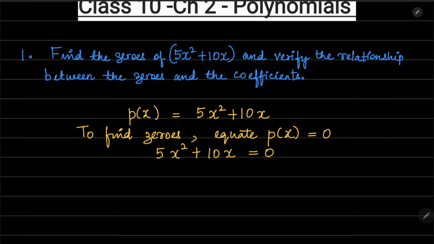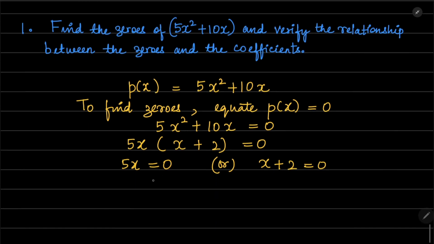There is no middle term splitting needed because you can take 5x common out. So 5x into x plus 2 equal to 0. Either 5x equal to 0 or x plus 2 equal to 0. So these are the two things. x is equal to 0 is one of the zeros of the polynomial. x equal to minus 2 is another zero of the polynomial.